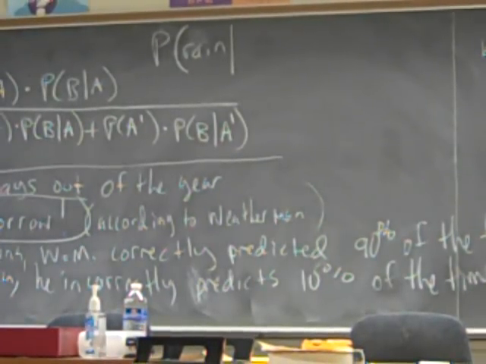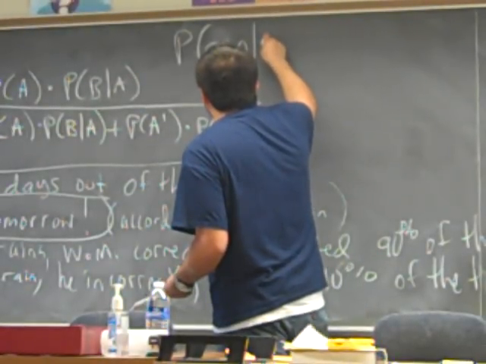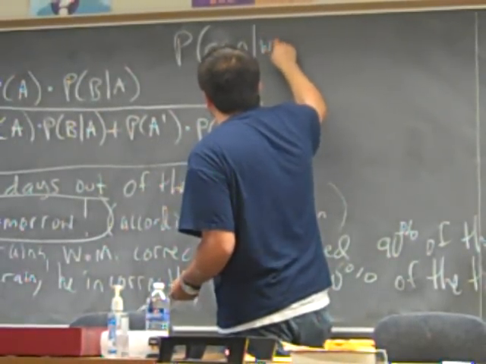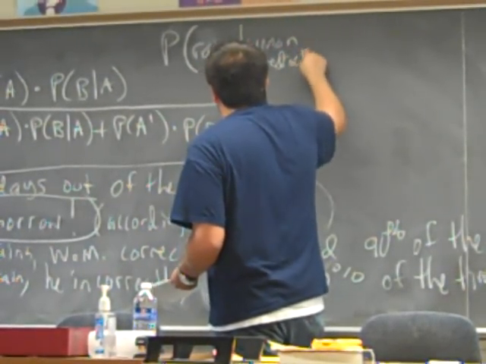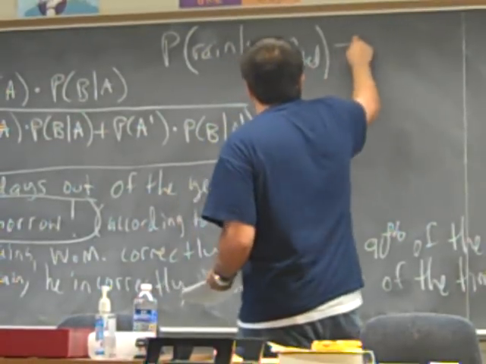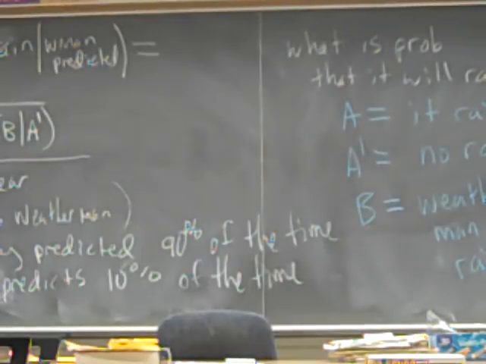Yeah, he's already predicted that it's going to rain. So what's the probability that we get actual rain based on the fact that the weatherman made the prediction that it's going to rain? See what I'm saying? So you just kind of follow the formula.